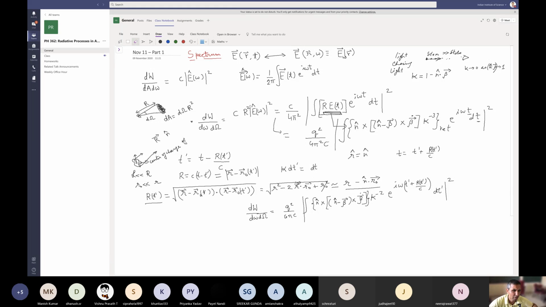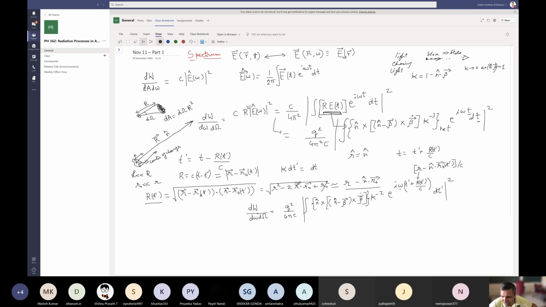I'll have to redraw that. Let me redraw it. So if I take it as r minus n hat dot r naught, of course this is a function of t prime by c.